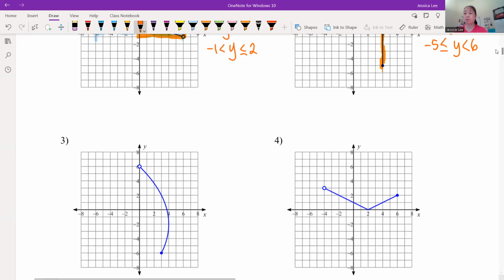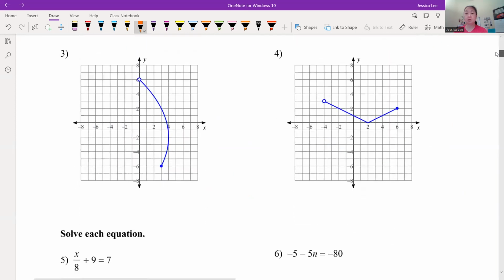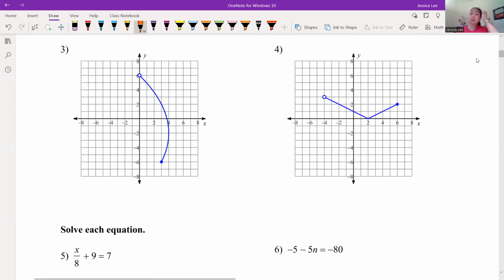Number 3. All right, so at 3, we're going to talk about our domain. The far left part is going to be right here at 0. You see it starts right here at 0 and goes all the way up to 4. We're not looking from end to end. We're looking at furthest left and furthest right. That's all we're looking for.